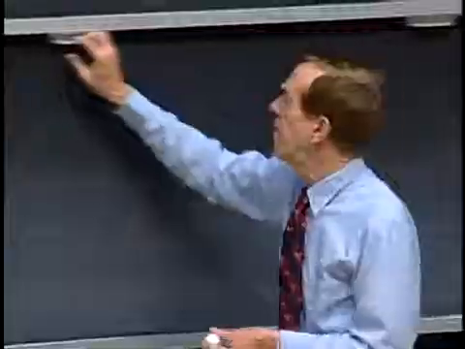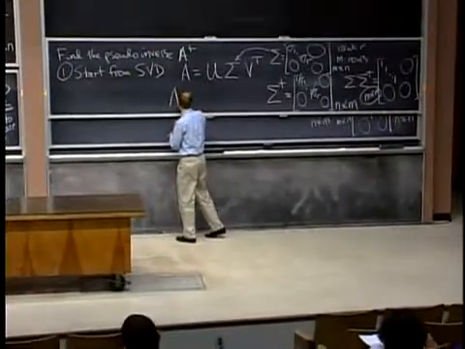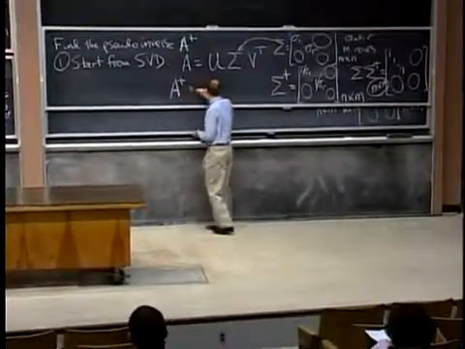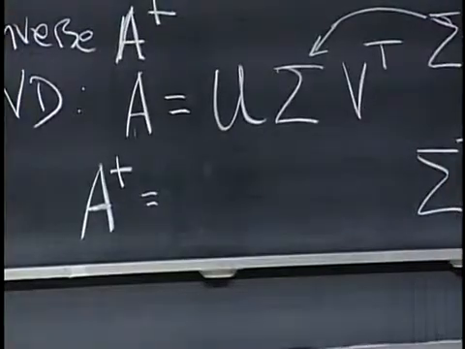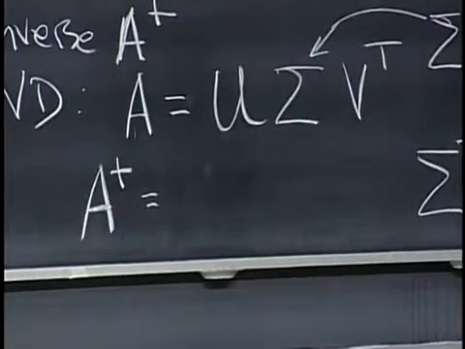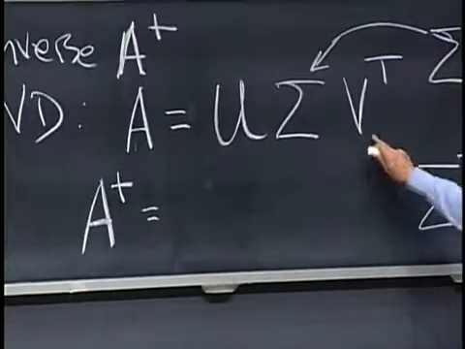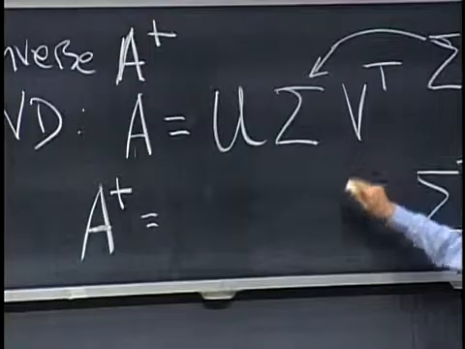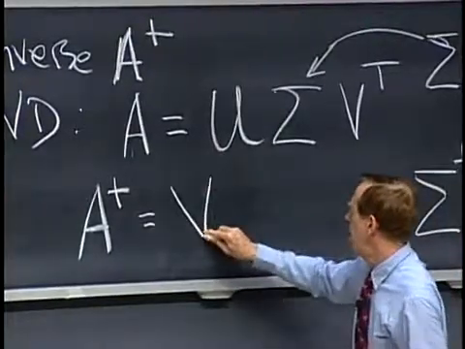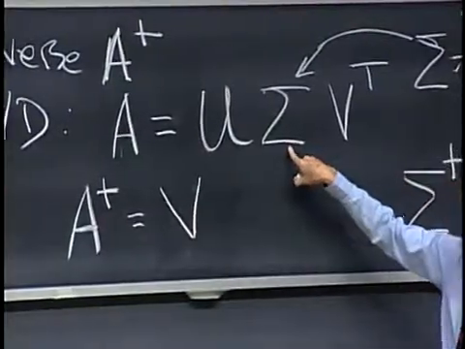And then the pseudo-inverse of A itself, this is perfectly invertible. What's the inverse of V transpose? Just another tiny bit of review. That's an orthogonal matrix, and its inverse is V. Good. This guy has got all the trouble in it.